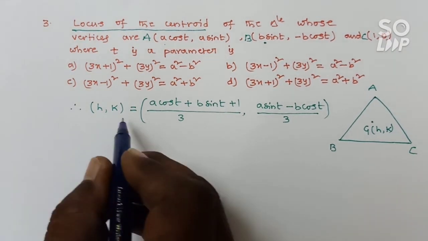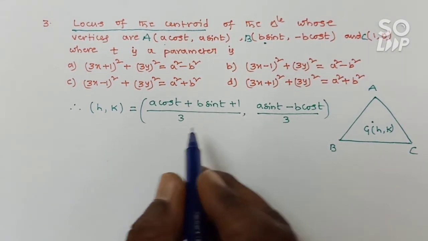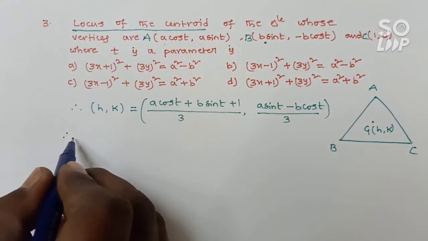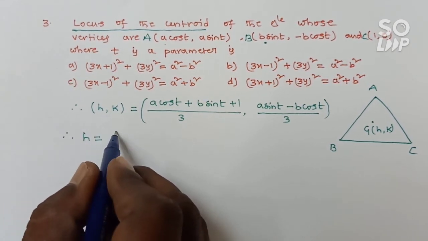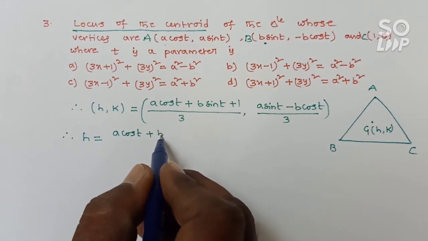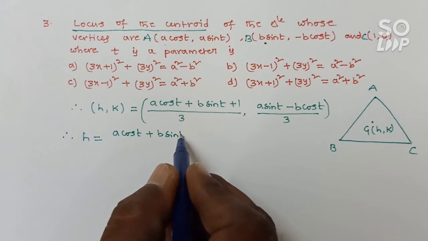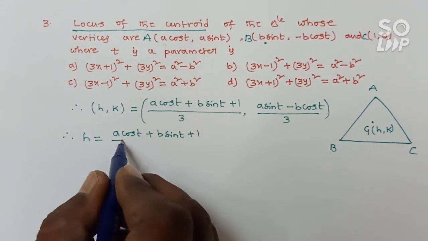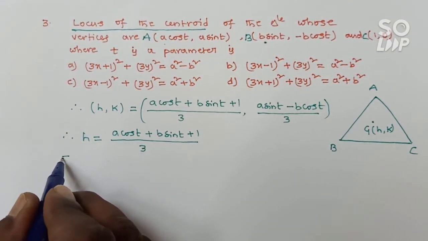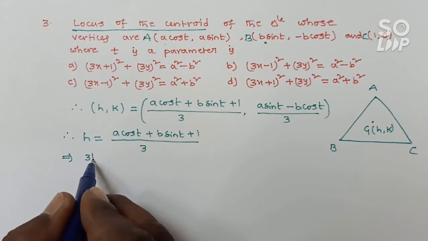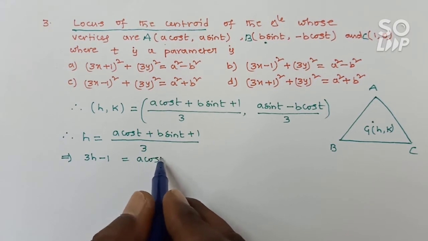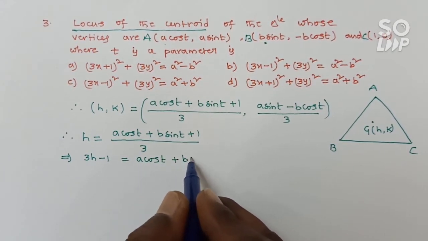Now this point is equal to this point, meaning the corresponding coordinates will be equal. Therefore h is equal to a cos t plus b sin t plus 1, whole divided by 3. From this, by cross multiplying, you will get 3h minus 1 is equal to a cos t plus b sin t.